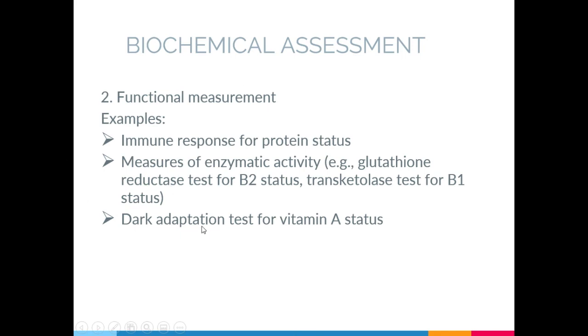Okay? We also have measures of enzymatic activity, like glutathione reductase test for vitamin B2 status and transketolase test for B1 status. Because these enzymes need these vitamins as their coenzymes. For example, glutathione reductase is an enzyme that needs vitamin B2 as its coenzyme. Remember what you learned from biochemistry, that there are prosthetic groups in enzymes that help them to function.